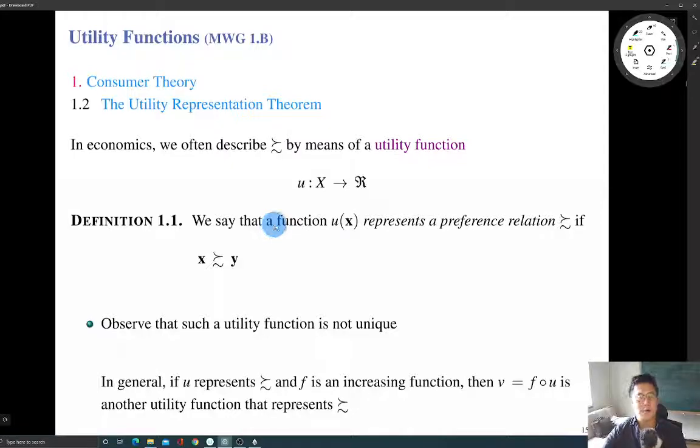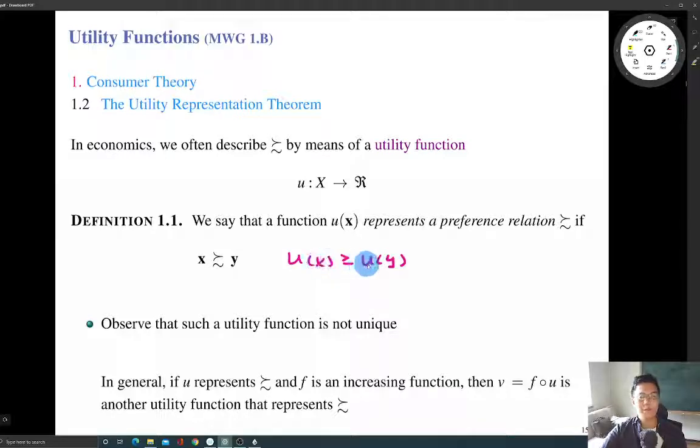We formally say function u represents the preference relation if, when the consumer of our interest thinks bundle x is at least as good as bundle y, then u of x should be larger than u of y. Okay? So the function u must assign a larger number to bundle x than to bundle y.